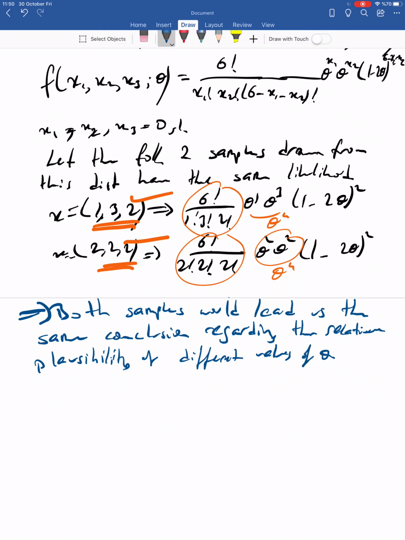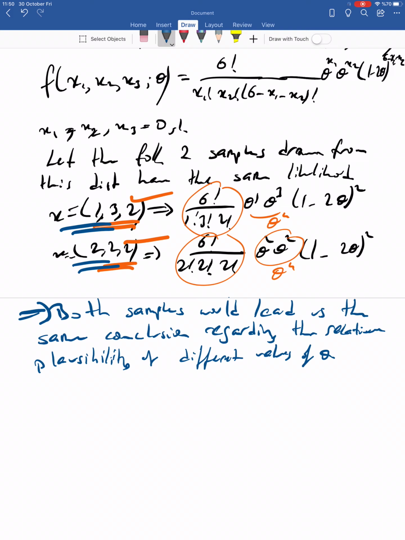Our aim is to get some information related to theta for a given sample. So if my theta is 0.5, I can calculate this likelihood using this sample or this sample. And if I want theta as 0.3, let's say, again I can calculate the likelihood using these two. But the main point is my likelihood is much bigger when theta is 0.5 than 0.3.